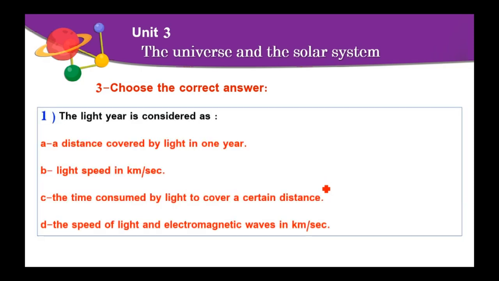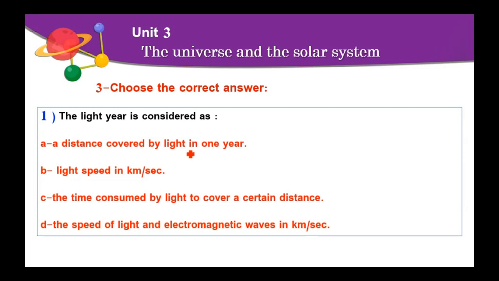Choose the correct answer. The light year is considered as: A, the distance covered by light in 1 year; B, light speed in kilometer per second; C, the time consumed by light to cover a certain distance; D, the speed of the light and electromagnetic waves in kilometer per second. Which statement is correct?